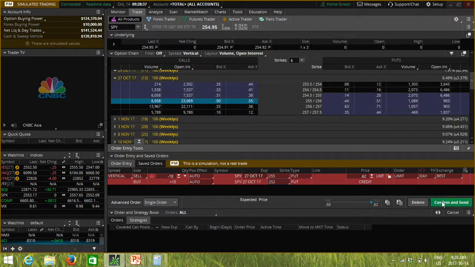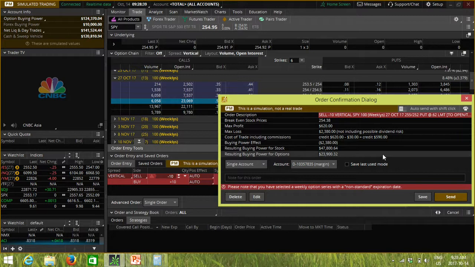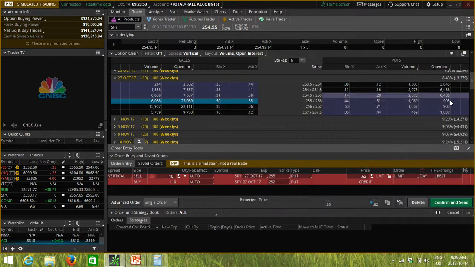So 620 is your max profit, but your max loss is $2,380. You're definitely adding on more risk to get a bit more credit.